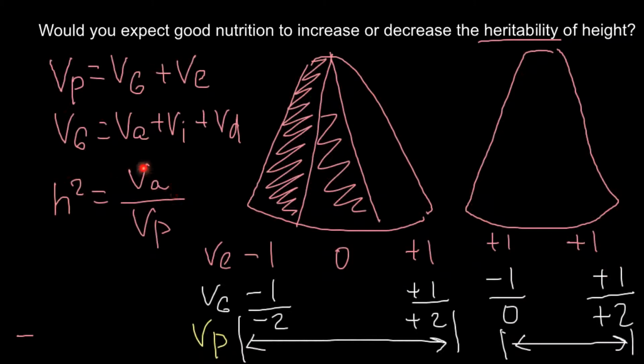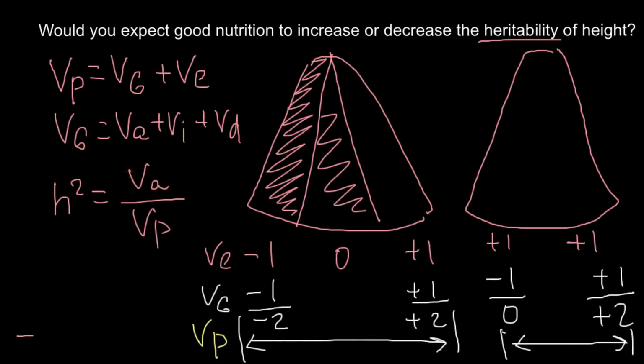So variance additive would stay the same, but variance phenotypic in the second example, where conditions are very good, and we can say this would be good nutrition, and good uniform nutrition would decrease the phenotypic variance.